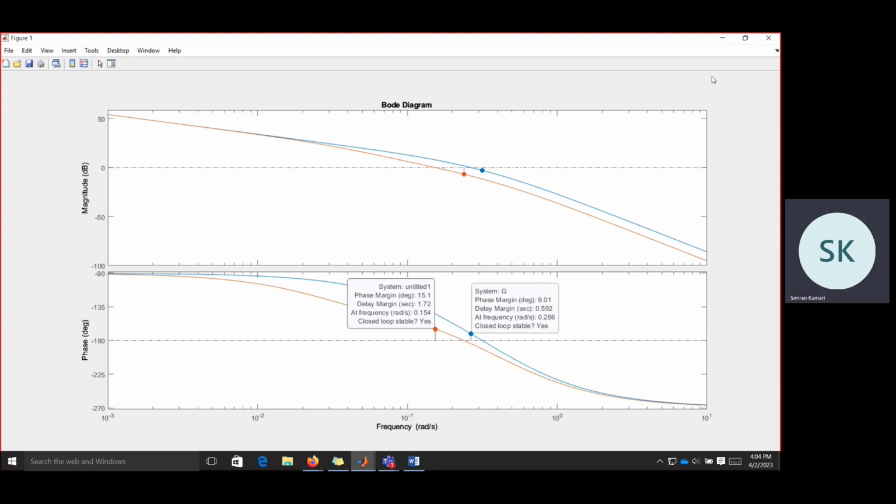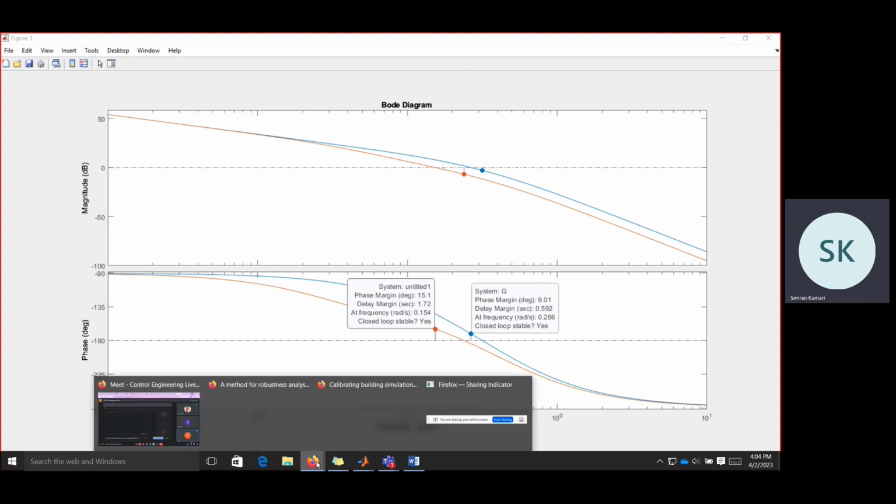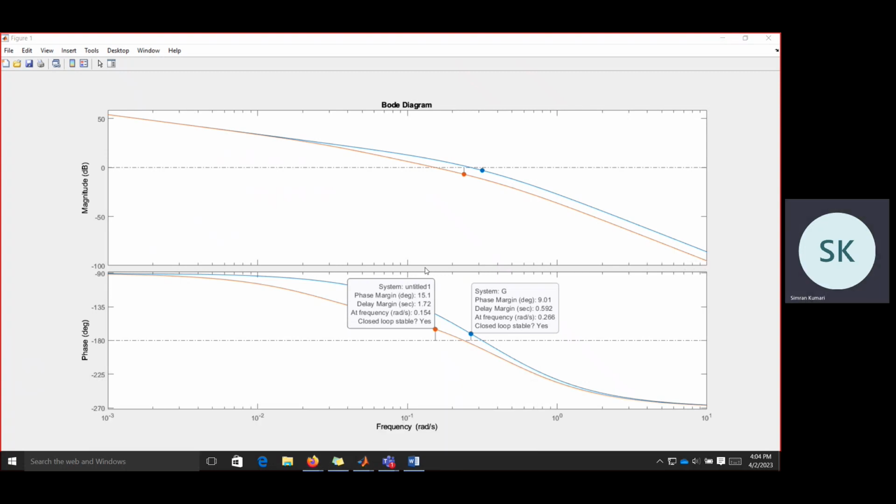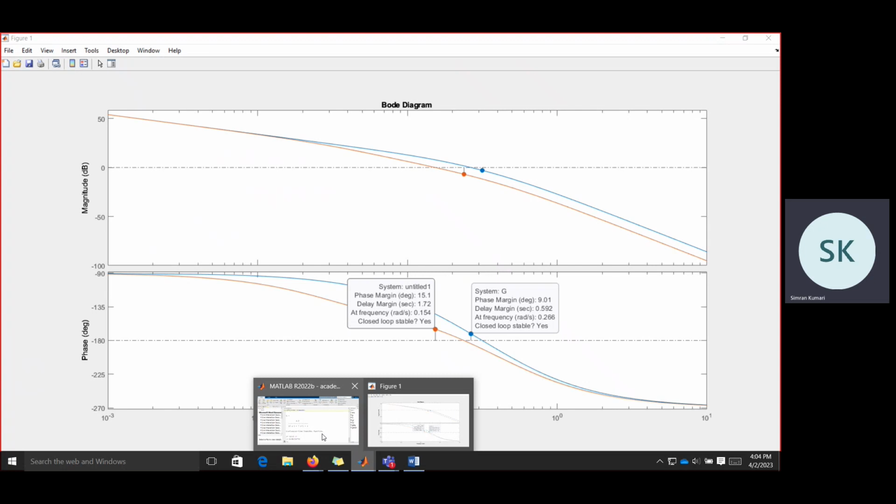But for this analysis, we have just ignored the influence of this attenuation due to the lag compensator. So what we can do is try to improve the performance using a lead compensator once this is done through the lag compensator. So let us just see what is the transient response for these two systems.